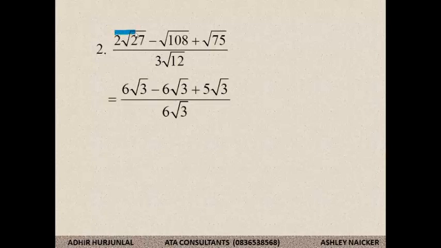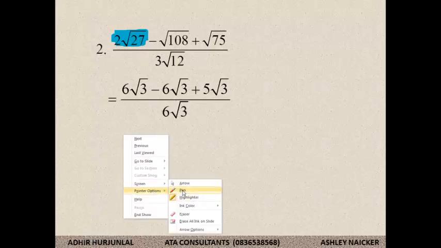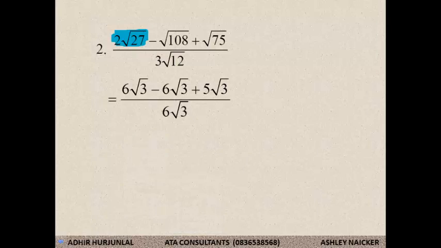And if I have to work with step by step, 2 root 27. I'm skipping here. 27 is the same as the square root of 9 times 3. That's very good, guys. The square root of 27 is the same as 9 times 3. Let's try to look in terms of this example what I'm talking about. I'm saying the square root of 27 over here is the same as the square root of 9 times 3.